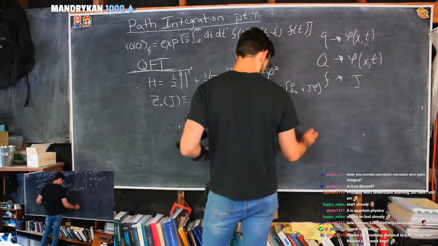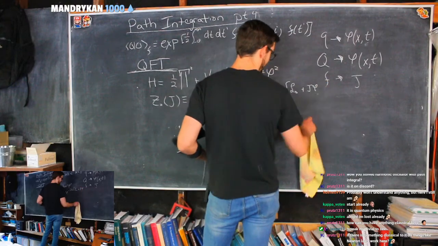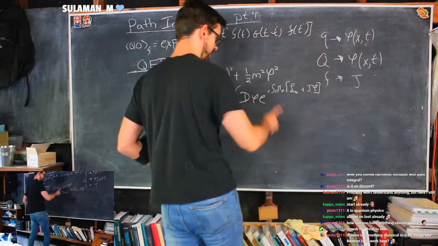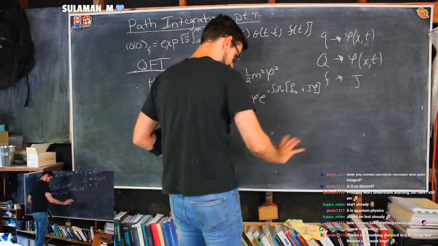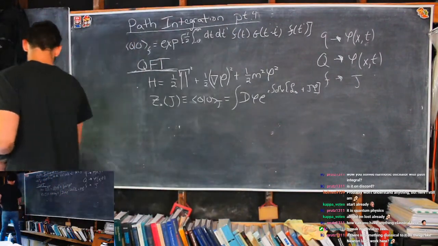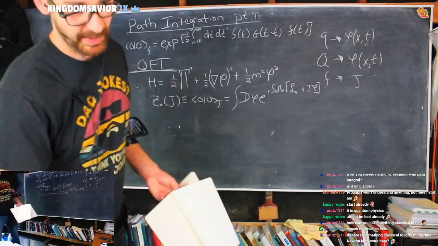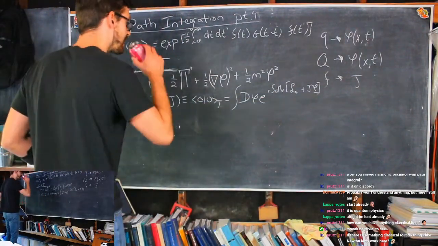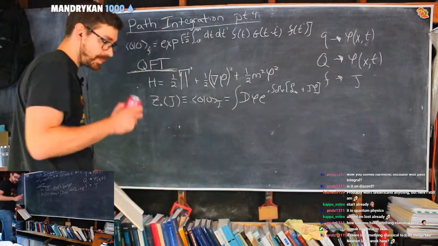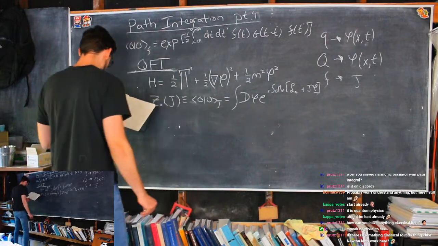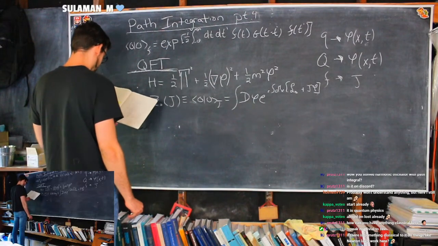Now, this is the thing that we've seen so many times before, right? Where we have the action plus some other thing. Well, this was our new adjusted Hamiltonian, or Lagrangian for this matter, because we're doing the Lagrangian formalism. And we have that source term. So now let's talk about what the Lagrangian actually looks like.